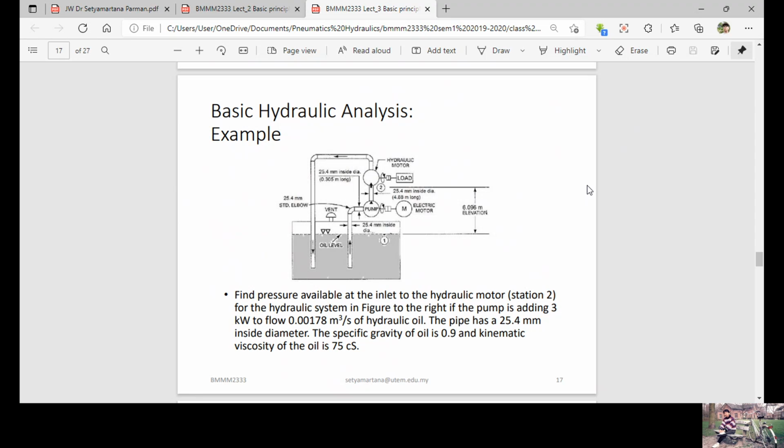Okay, then here is the basic hydraulic analysis example. We are given the system. Find the pressure available at the inlet of the hydraulic motor, so at station 2, for the hydraulic system in the figure to the right, if the pump is adding 3 kilowatts to a flow of 0.00178 cubic meters per second of hydraulic oil.